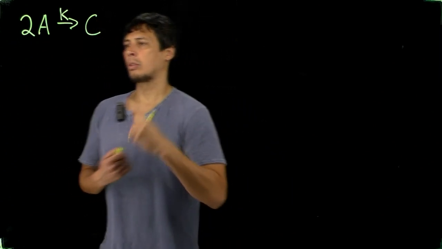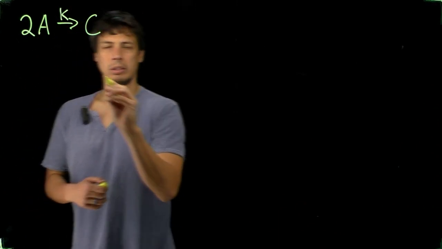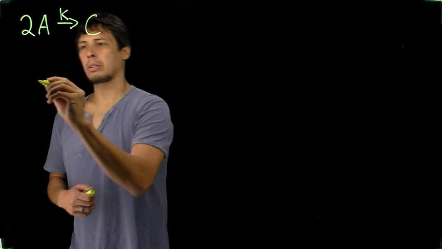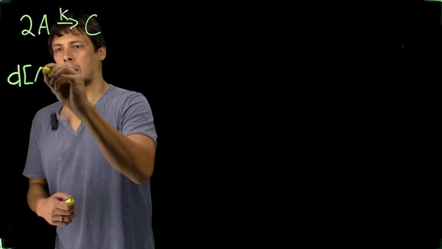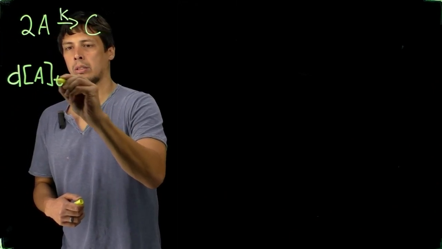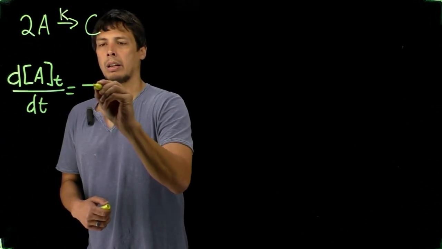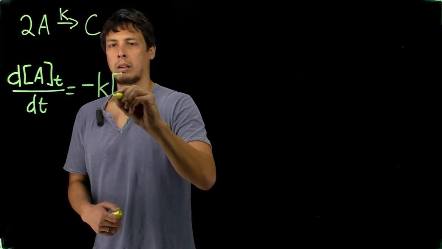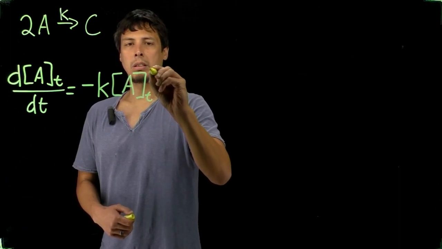Okay, so the way we start this up is that we're going to set up the rate equation so that we're looking at the consumption of A. So that means the change in the concentration of A at any given time t versus time is going to be equal to the negative of k times the concentration of A at time t, and this is squared.